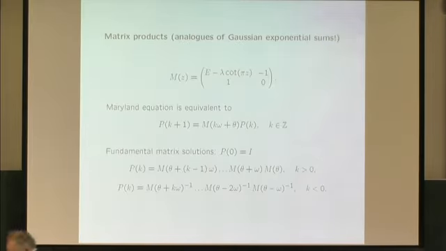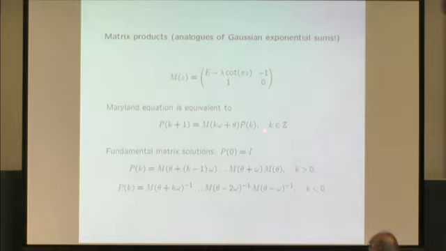Everybody of us knows that any reasonable second order differential equation can be written equivalently as a system of two first order differential equations. Of course, you have the same thing for difference equations, and the Maryland equation is a second order difference equation, and it can be written as a system of two first order difference equations, or equivalently in vector or matrix form.